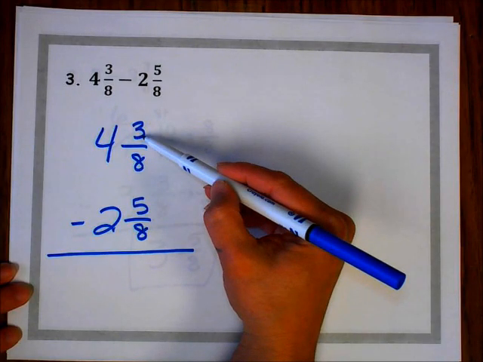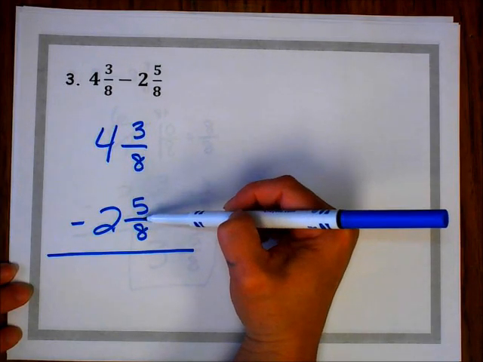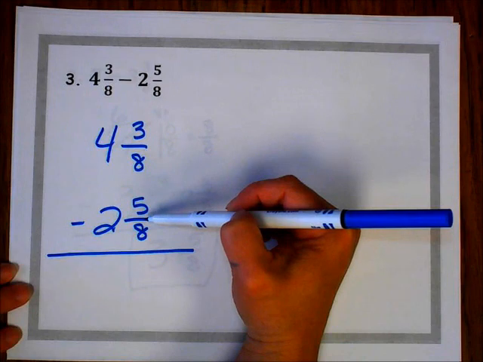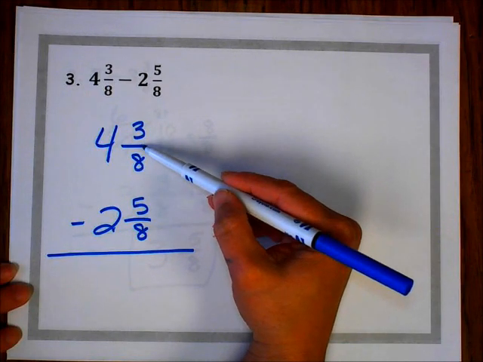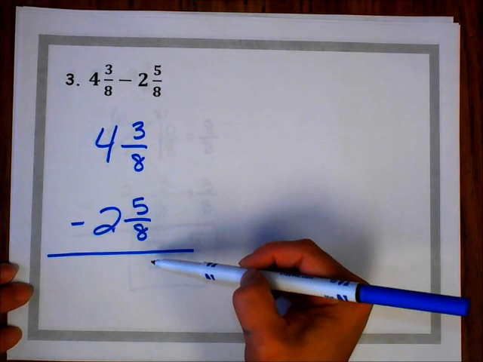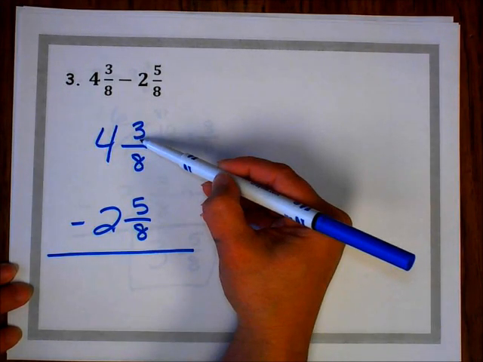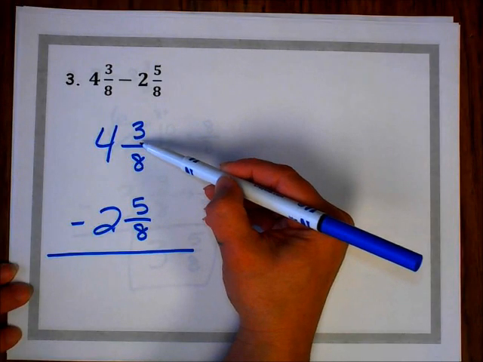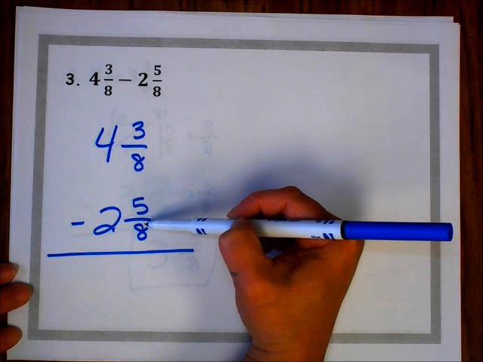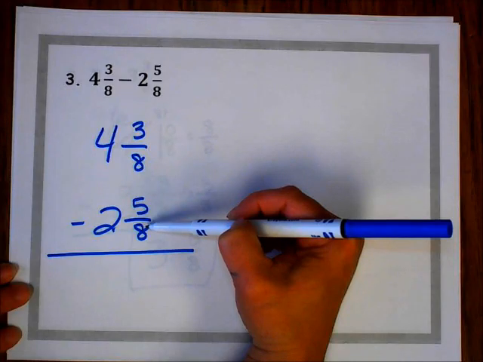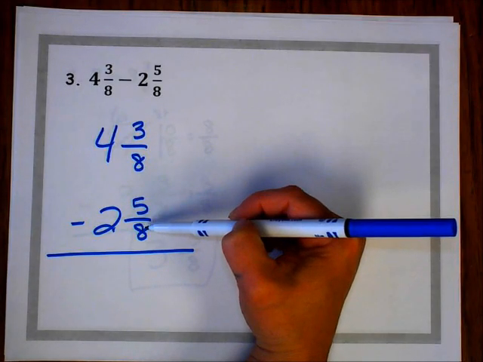I have 3/8 minus 5/8. I cannot take 5/8 away from 3/8. The most common mistake people make is they put 2/8. That is not true. If I only have 3/8, I can't take away 5/8 because 5/8 is greater. So that means I'm going to have to borrow.